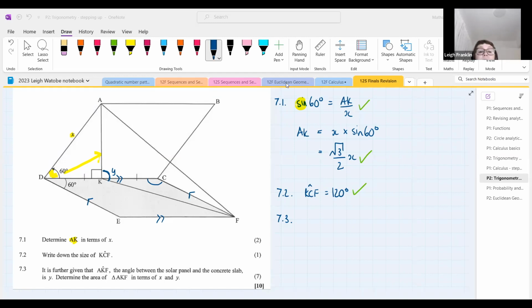So Letu says that DK equals KC. So you can find DK and then use KC to find KF. All right, that gives us a nice starting point.